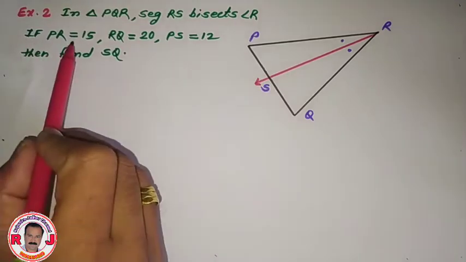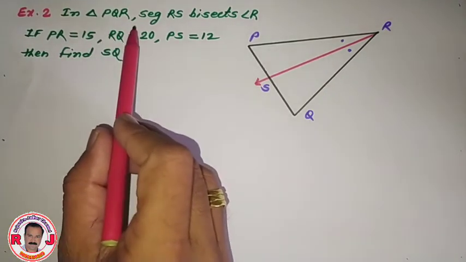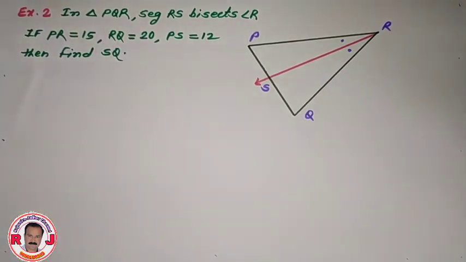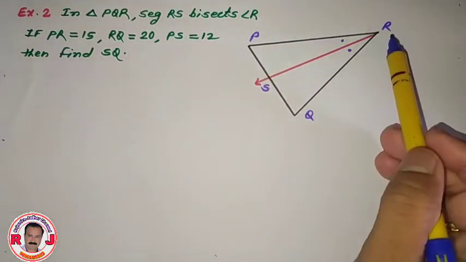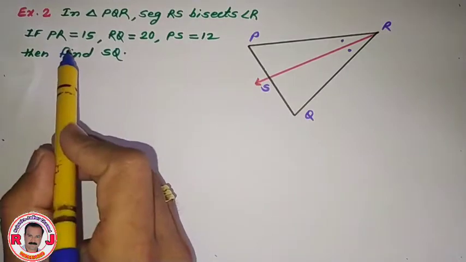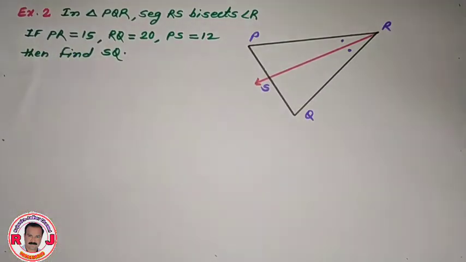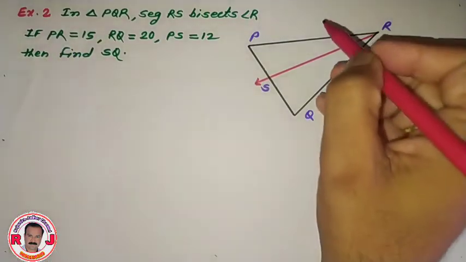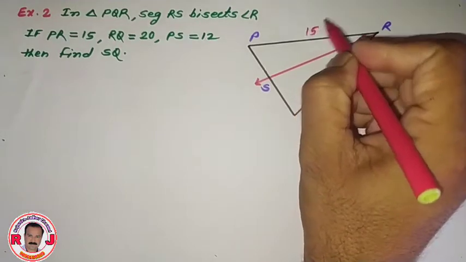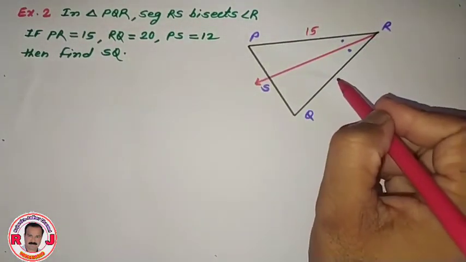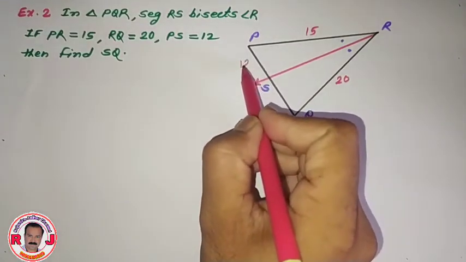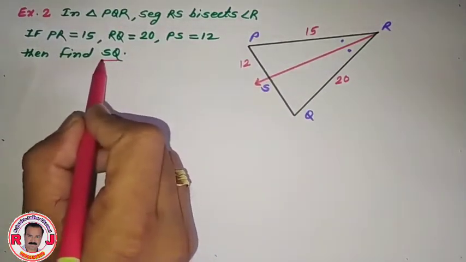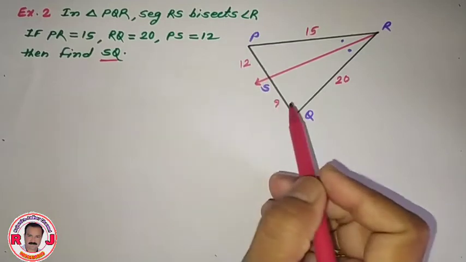Example number 2. In triangle PQR, segment RS bisects angle R. If the value of PR is equal to 15, the value of RQ is equal to 20 and the value of PS is equal to 12, then find the value of SQ.